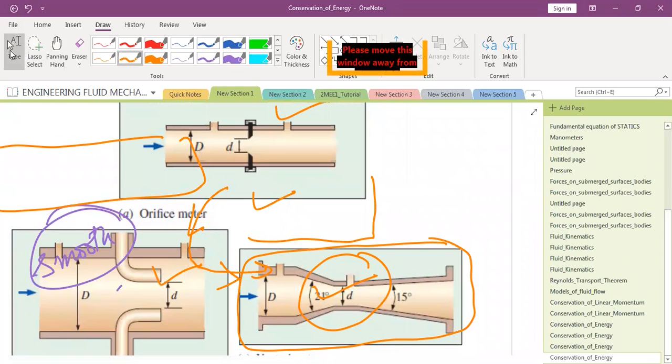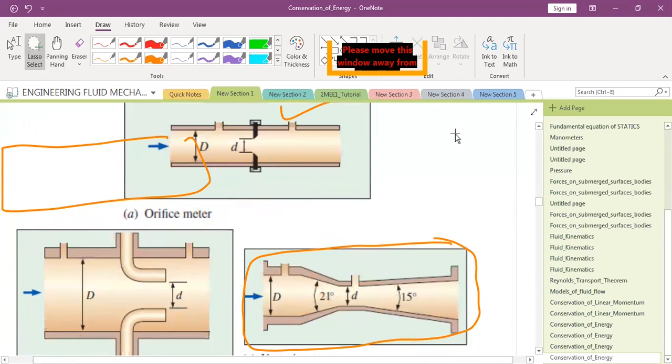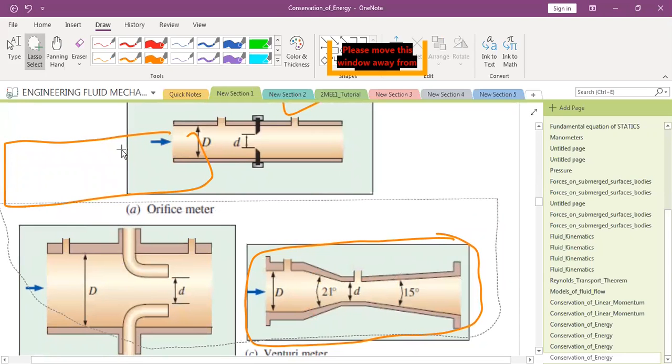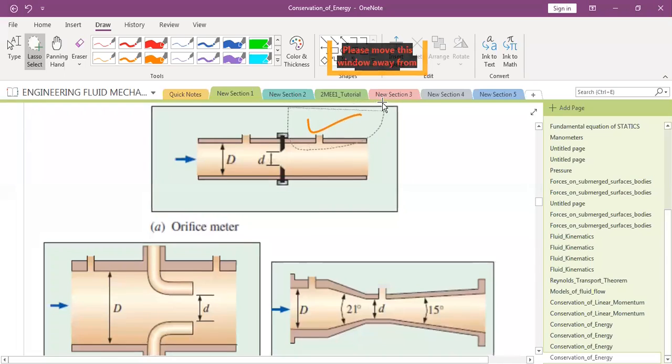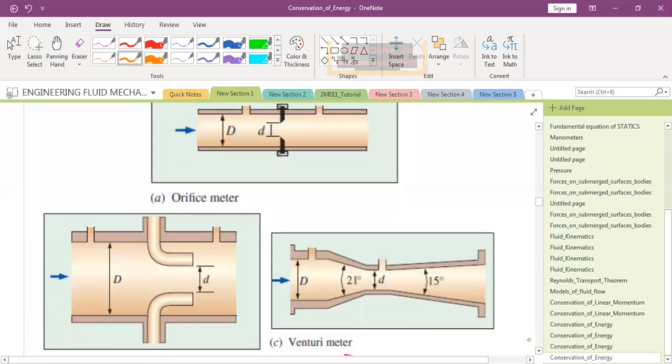I have given you 3 flow meters. My follow-up question is, there is a phenomenon called vena contracta, or a cross-section called vena contracta. In which case will this diameter reduction be highest and in which case will it be lowest? This is the first case, second, third.